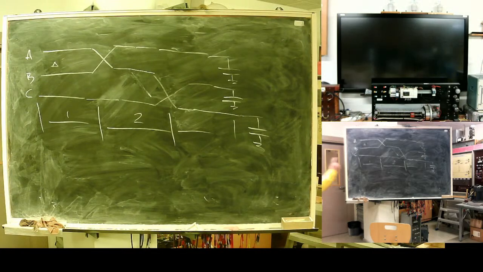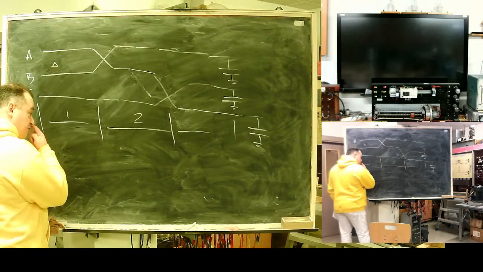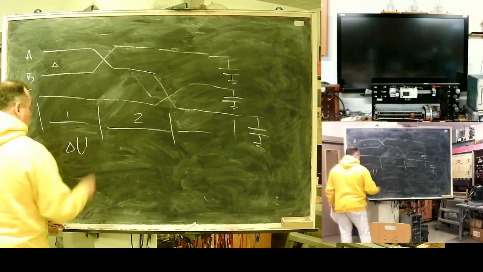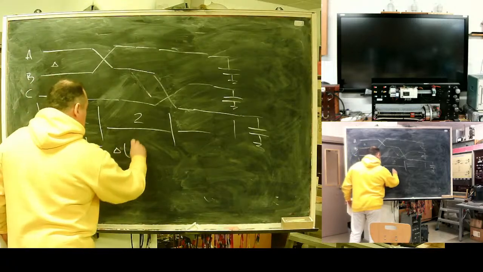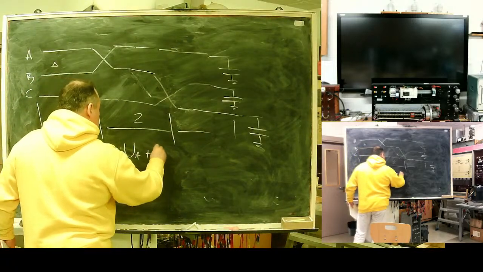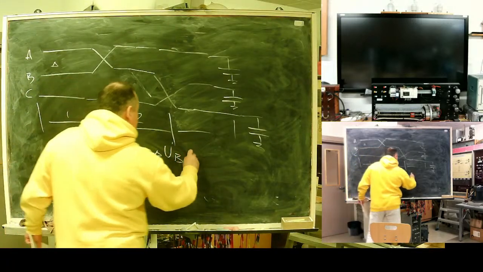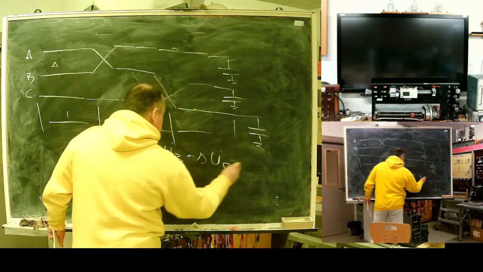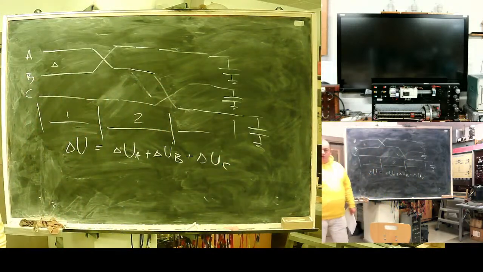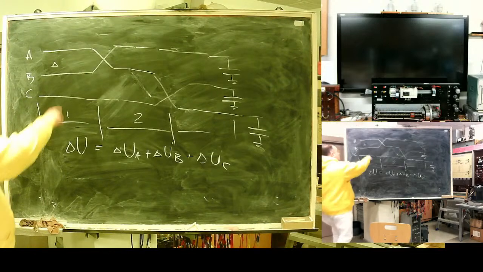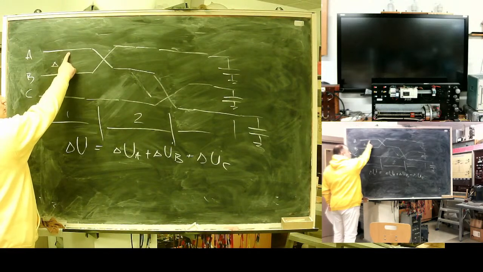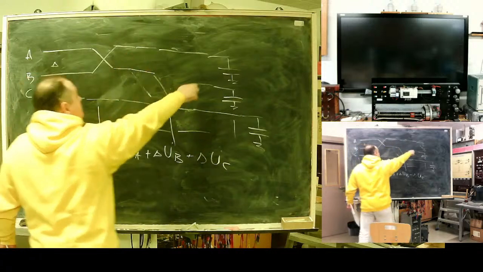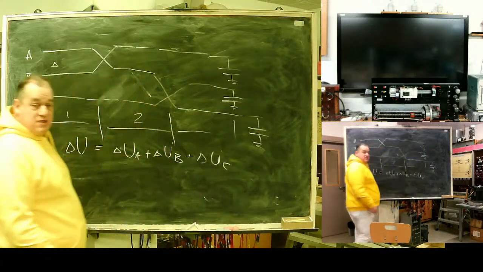So for the full cycle, we will have what? The total voltage drop is delta U A plus delta U B plus delta U C. You understand why? At first, A phase is at top, then B phase, then it will switch to C phase.